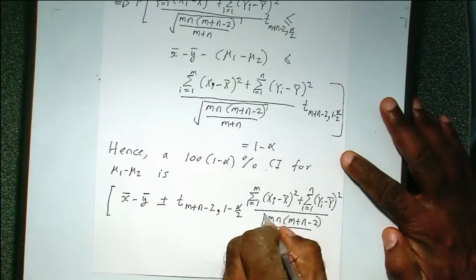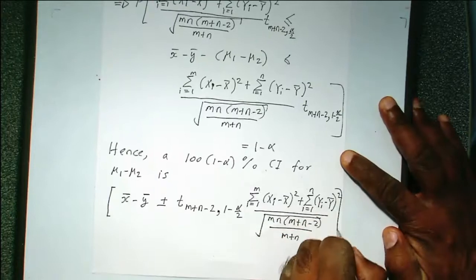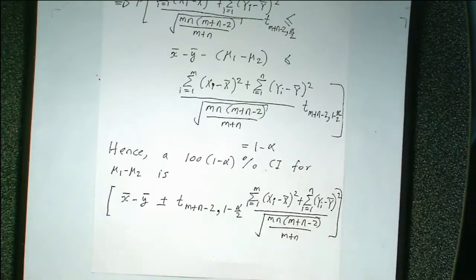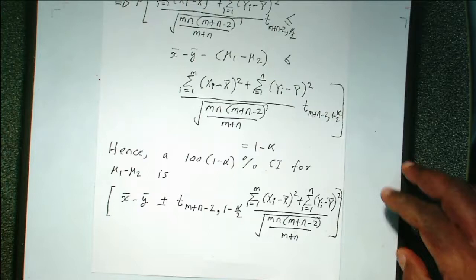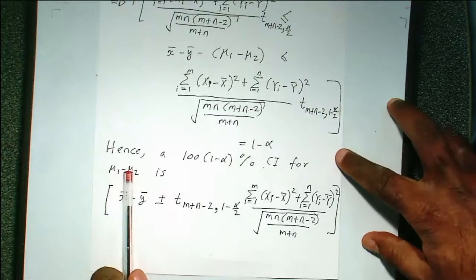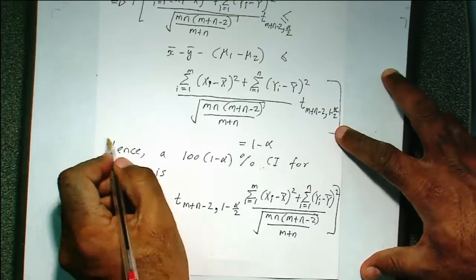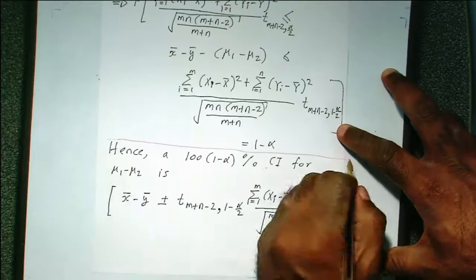Right. This is the final answer, giving the confidence interval for the difference between mu1 and mu2. So let me put this in red so that you know.